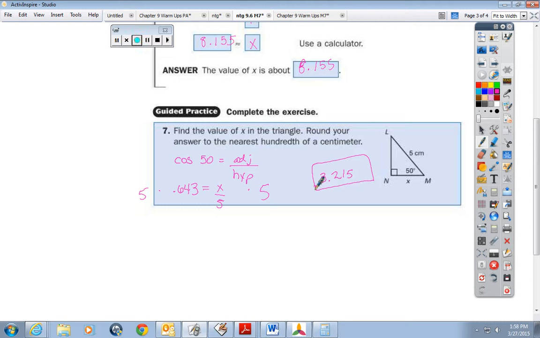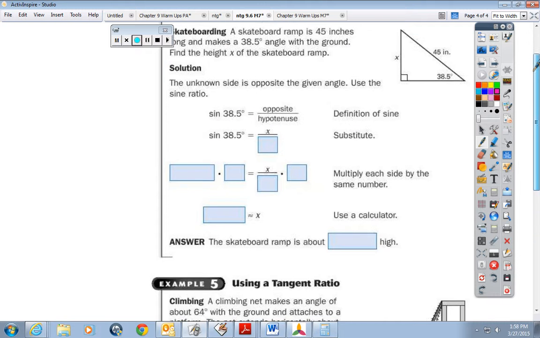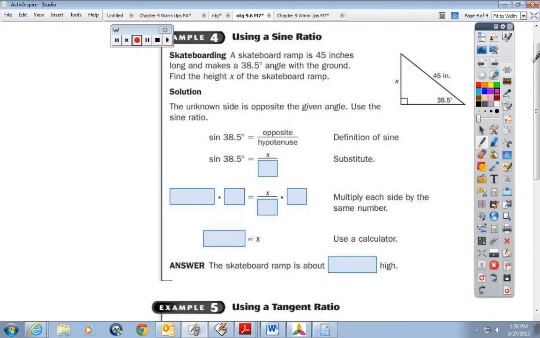Okay, last page. Alright, now we're going to use the sine ratio. It says a skateboard ramp is 45 inches long and makes a 38.5-degree angle with the ground. Find the height x of the skateboard ramp. Okay, so I know this angle. What is 45? It's the hypotenuse, and I need to know what side?